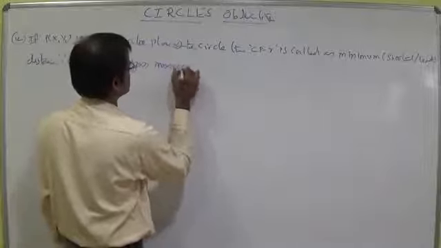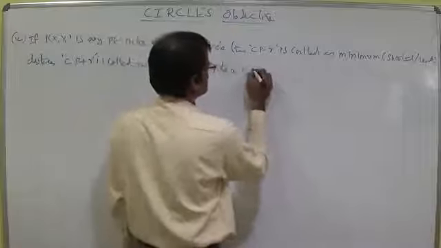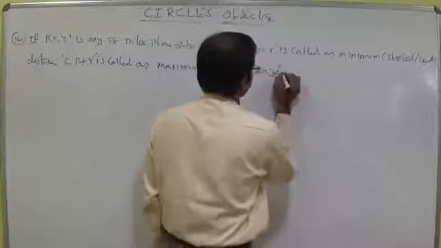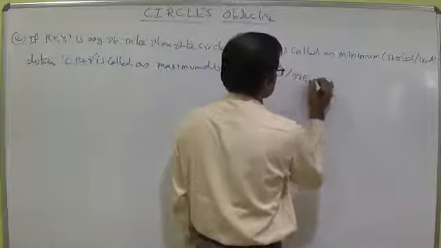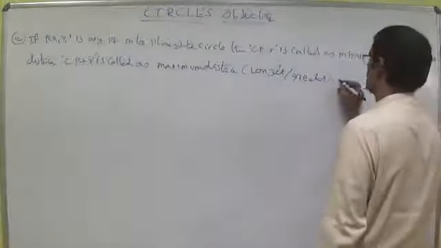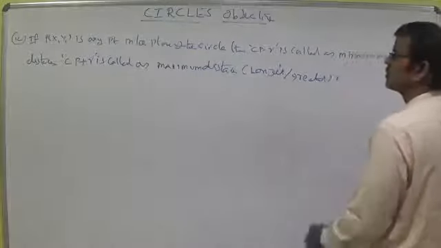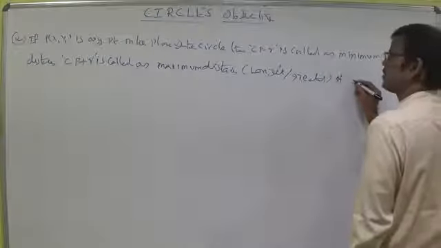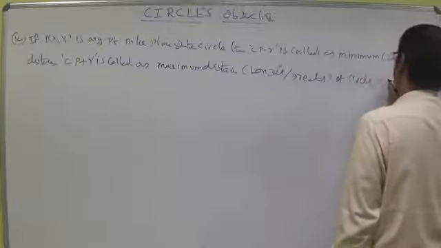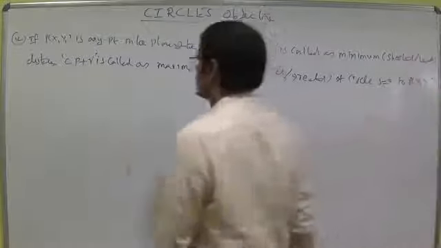CP plus R is called as maximum distance or longest or greatest distance of circle S equal to 0 to a point P(x1, y1).